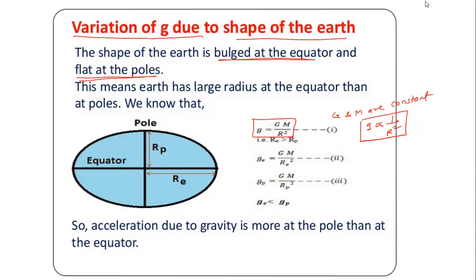Now you know that Earth is not a perfect sphere, it bulges at the equator and is flat at the pole. When we compare the equatorial radius and the polar radius, the equatorial radius is greater than the polar. So here we can write the formula for g at the equator and g at the pole.